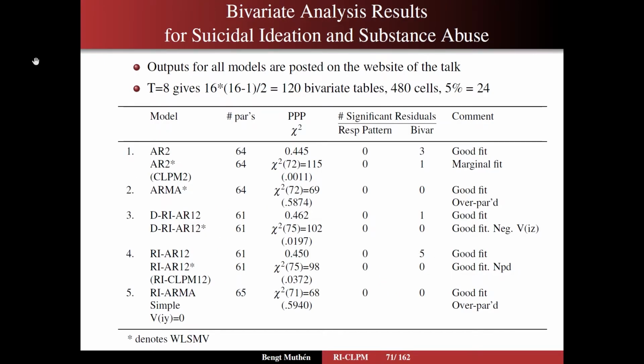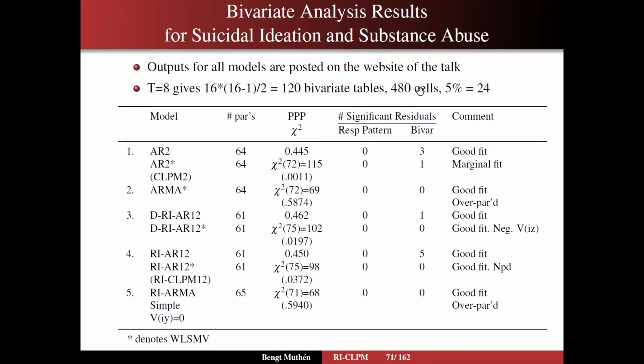So here are the bivariate analysis results then for suicidal ideation and substance abuse. And I should mention that for all these models that I look at, the outputs are posted on the website of the talk. So for 8 time points and 2 variables, we have 16 times 15 divided by 2, 120 bivariate tables.